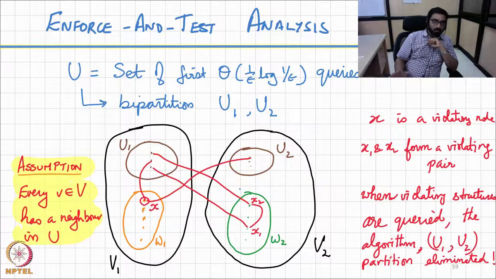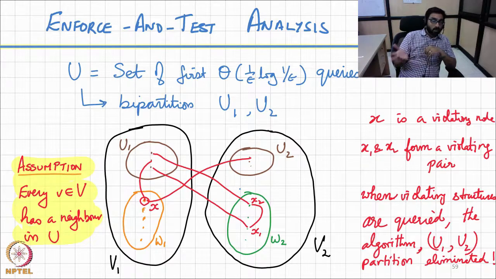Let's recall that a vertex X would be a violating node, basically evidence that this partition will not work as a bipartition, if it is a neighbor to a vertex in U1 and also a neighbor to a vertex in U2.